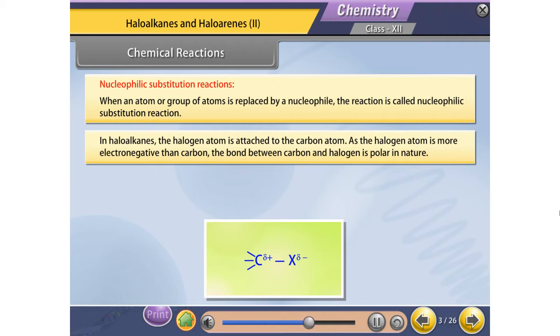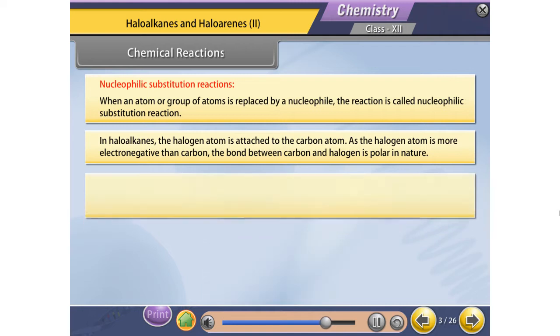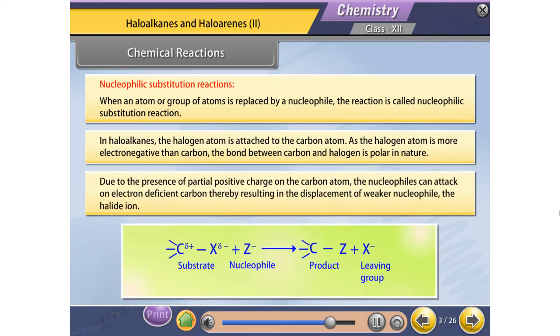As the halogen atom is more electronegative than carbon, the bond between carbon and halogen is polar in nature. Due to the partial positive charge on the carbon atom, nucleophiles can attack the electron-deficient carbon, resulting in the displacement of the weaker nucleophile, the halide ion.